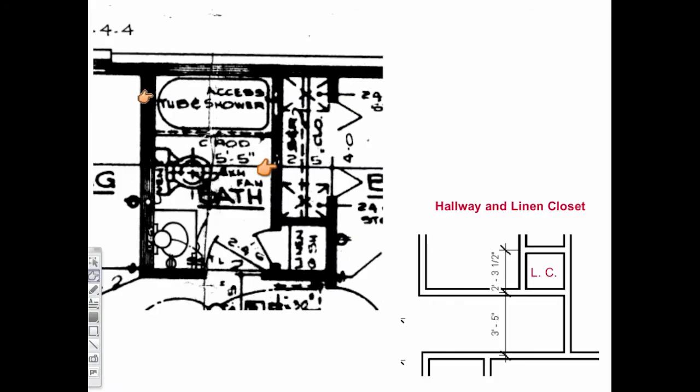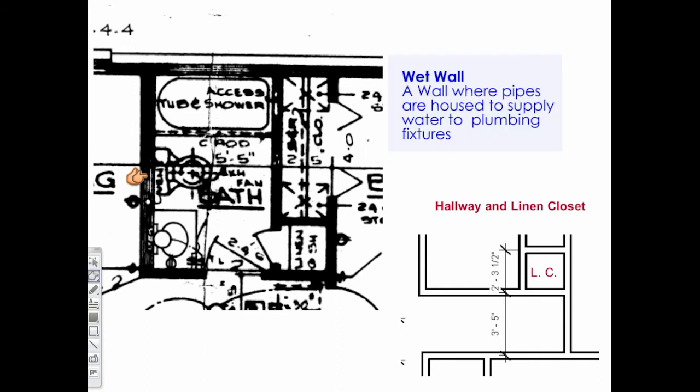Because you have the tub, the water closet or the toilet, and the sink mounted along this wall, it is typically what they call a wet wall.